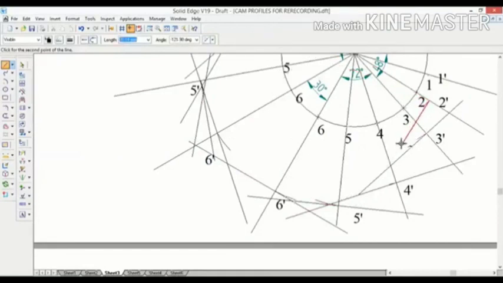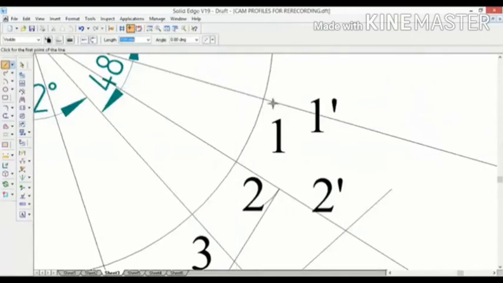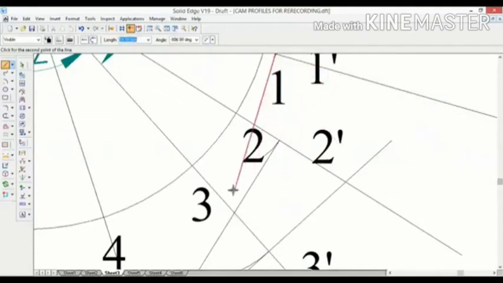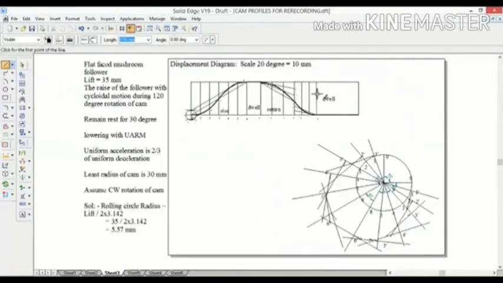See, 2 dash tangent line is here. This is the 2 dash tangent line and 1 dash tangent line. I take a little bit of zoom. So here we have 1 dash tangent to that 1. This is the 1 dash tangent line. I take this a little bit down. Okay, so now we have drawn the tangents.